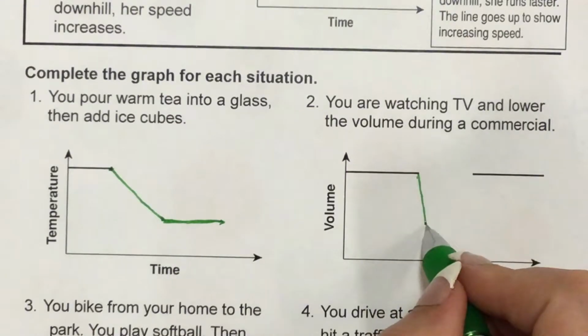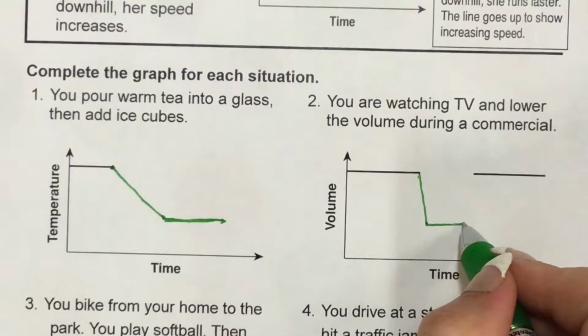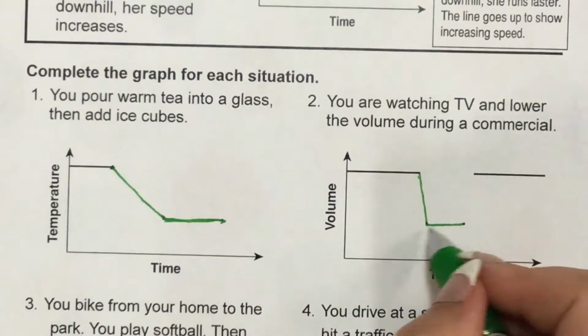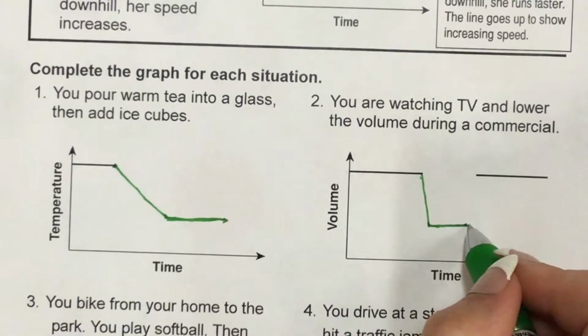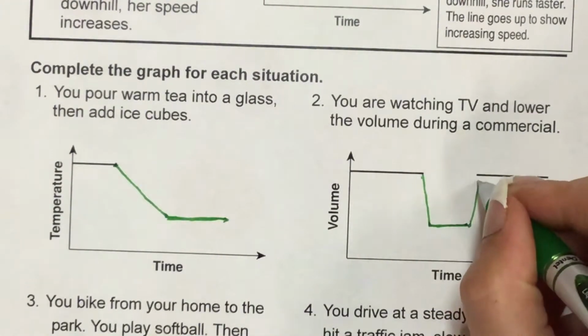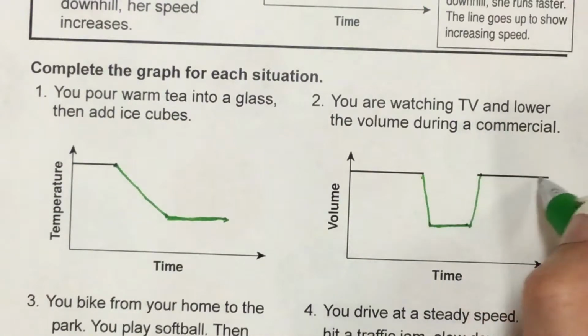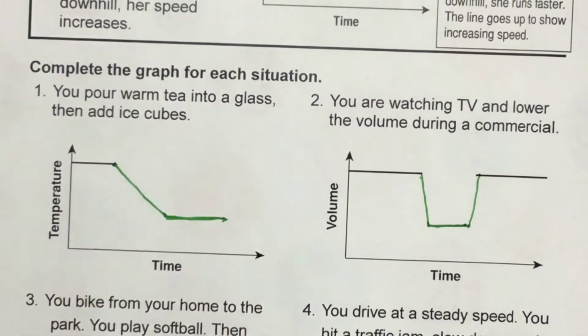It lowers pretty quickly, and then it remains constant at that low volume while all the other commercials are going on. So it's going to be a flat line, and then, oh no, our show's back on. So we turn that volume up really, really quickly, and then it is back at the same volume to watch the rest of our show. So this would be a graphical model of that situation.